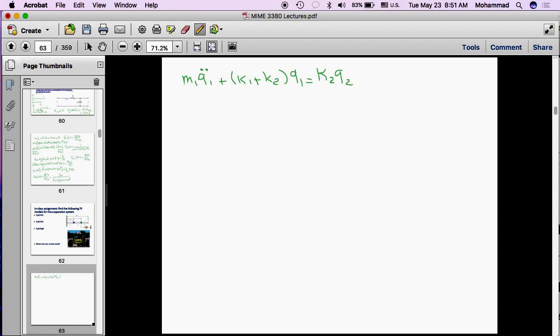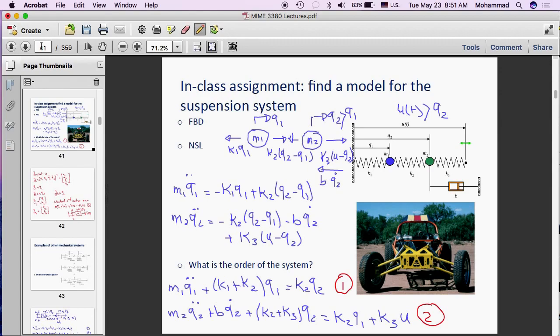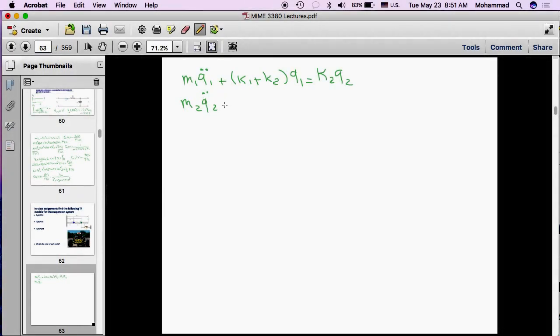The second differential equation is m2 q2 double dot plus b q2 dot plus k2 plus k3 q2 is equal to k2 q1 plus k3 u.